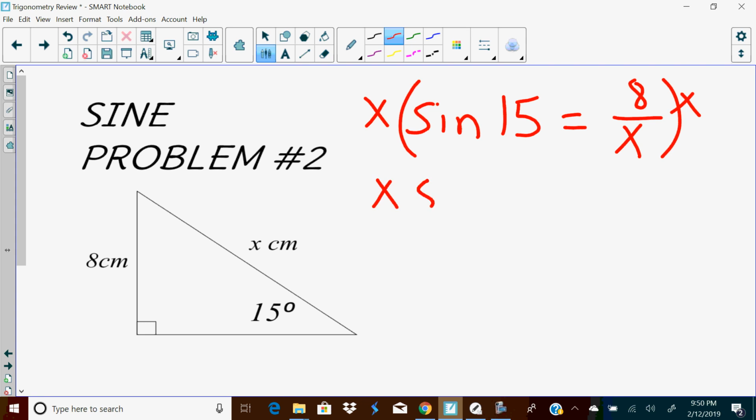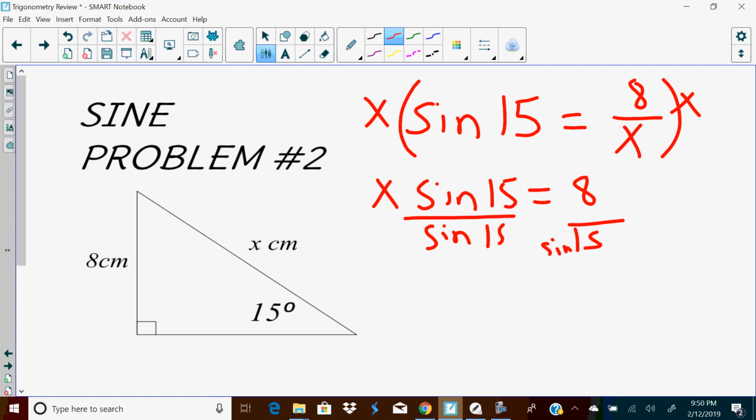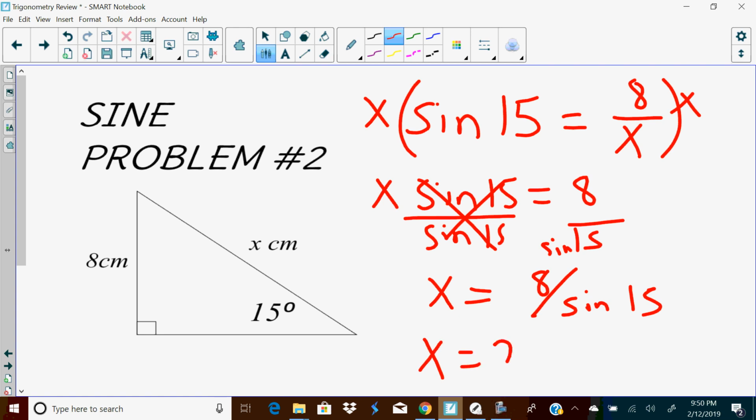So I get x sine of 15 equals 8, divide by sine of 15, basically just moving things around. So x equals 8 over the sine of 15. So I put that in my calculator, and I get 30.91 centimeters.